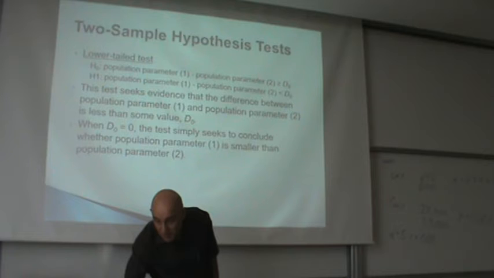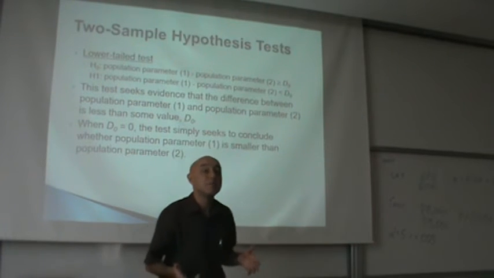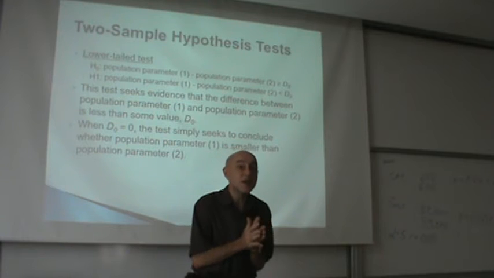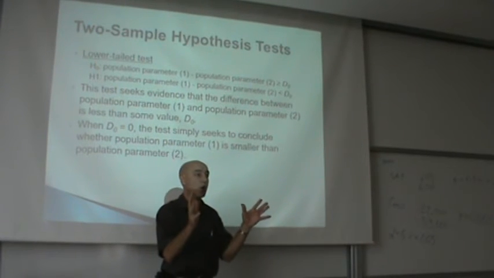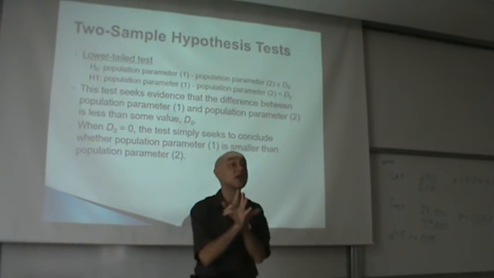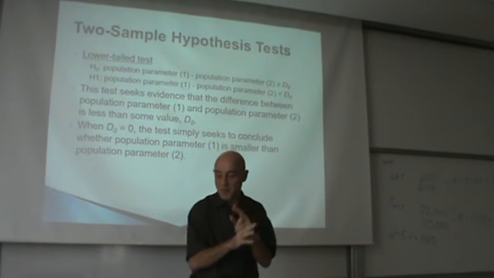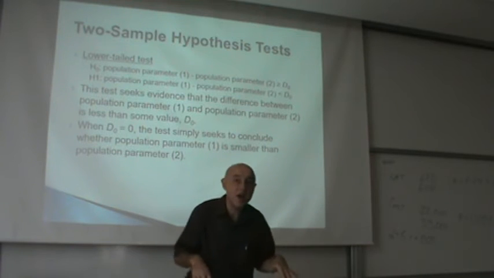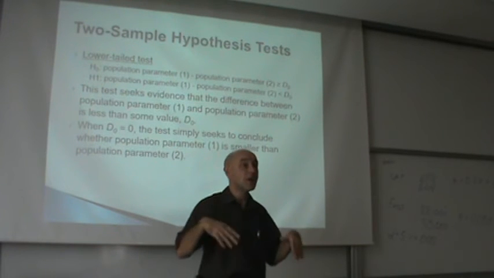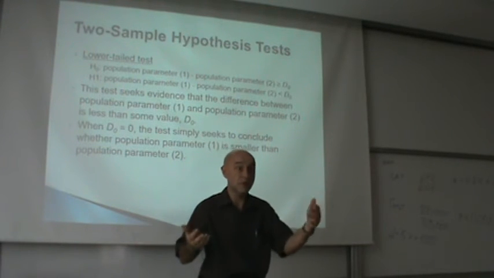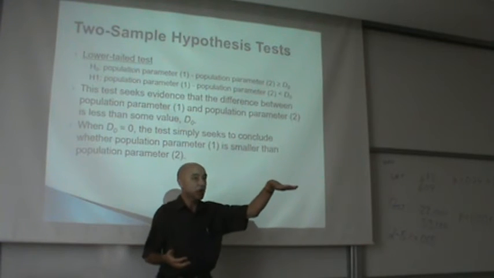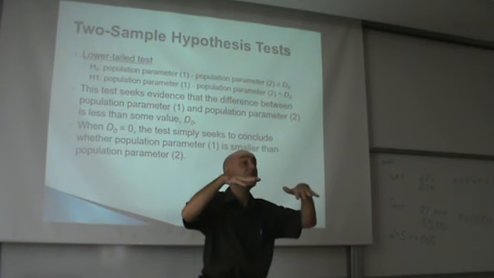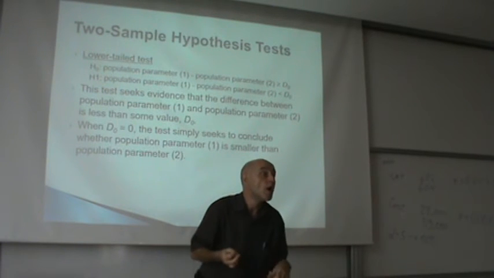Two sample hypothesis test. Okay, in a one sample hypothesis test, you compare the whole sample up against a number. In a two sample hypothesis test, you compare two different samples. For example, I already gave you, we take the GPA of the girls, we take the GPA of the boys, take the difference and see different or not different.